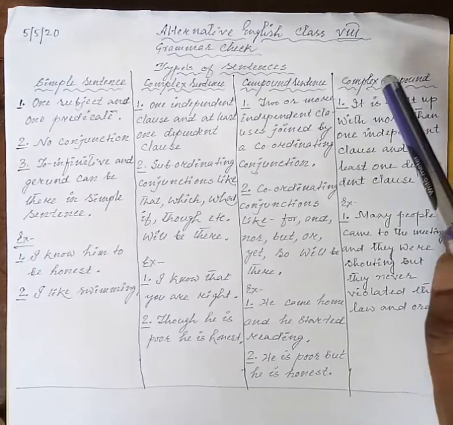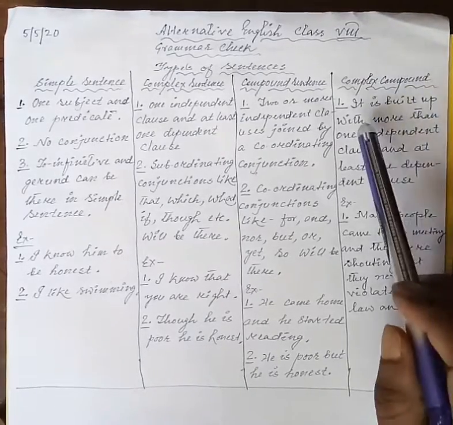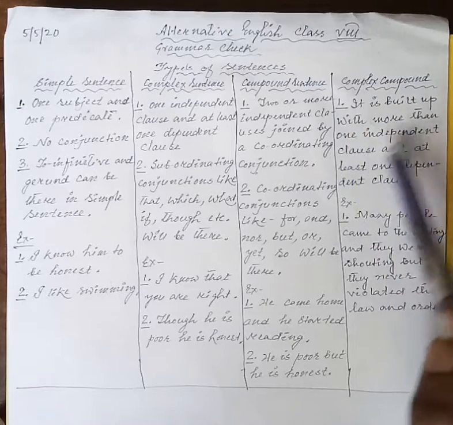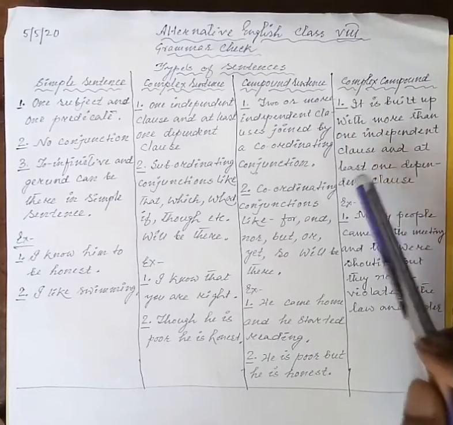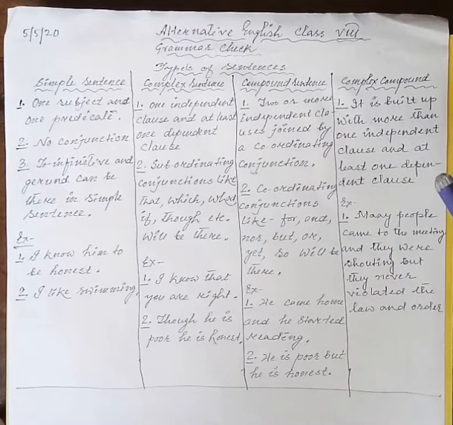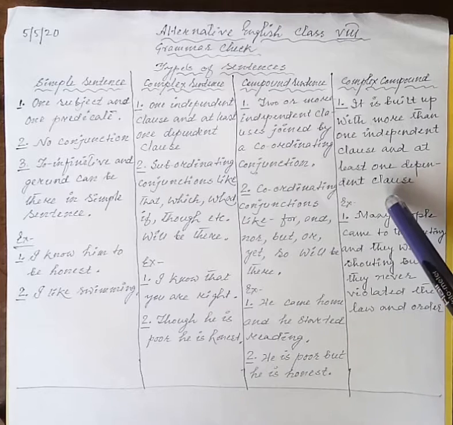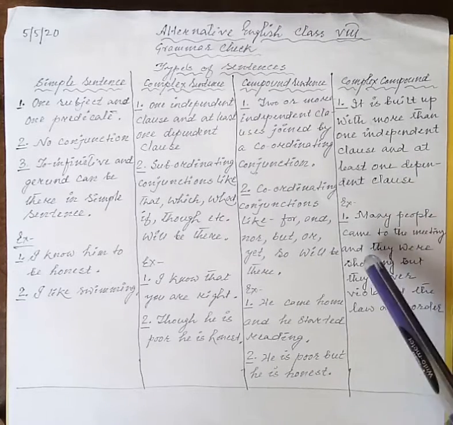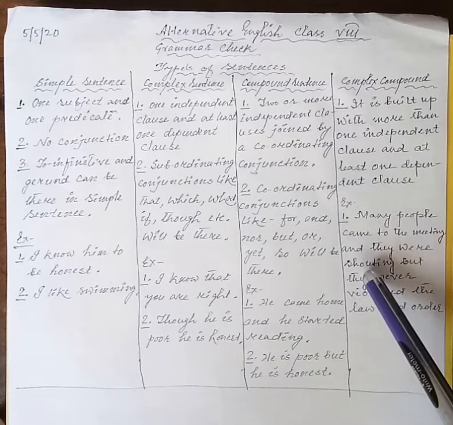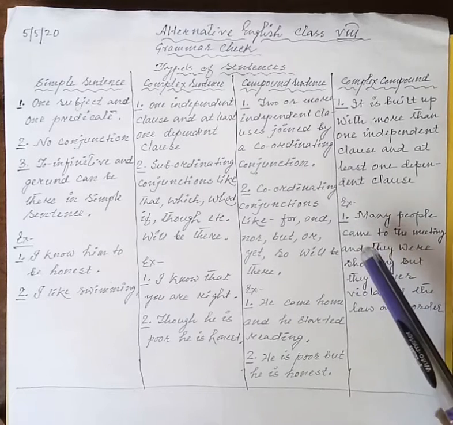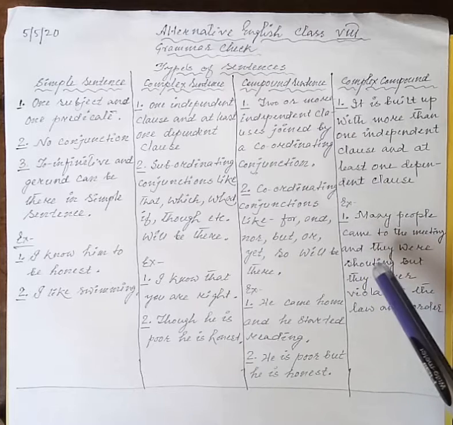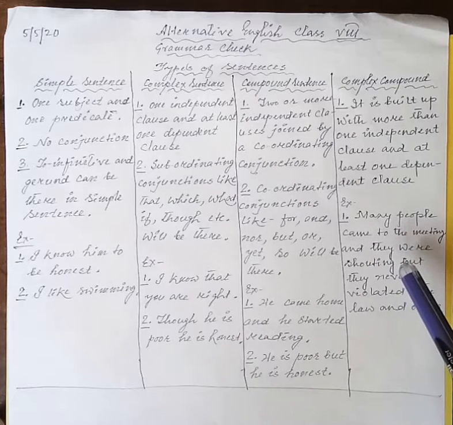And finally we have complex compound sentence. It is built up with more than one independent clause and at least one dependent clause. So, example: Many people came to the meeting, and with it comes that coordinating conjunction. It is going to be compound.